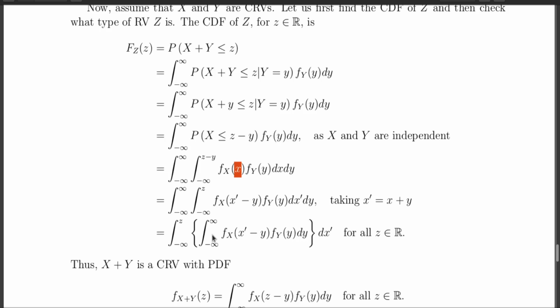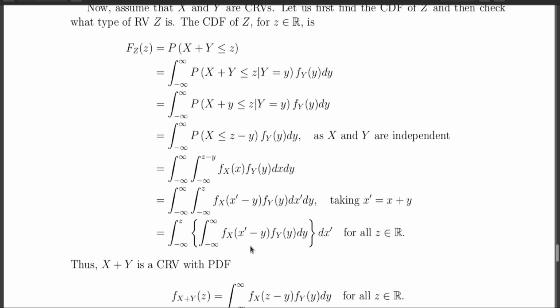You see that the inside quantity of the curly bracket is basically a function in x prime, because when I do the integration with respect to y, it is a function in x prime. So suppose this function is called g. That means the cumulative distribution function of Z can be written as the integration from minus infinity to z of small g of x prime, dx prime, where small g is nothing but this quantity.